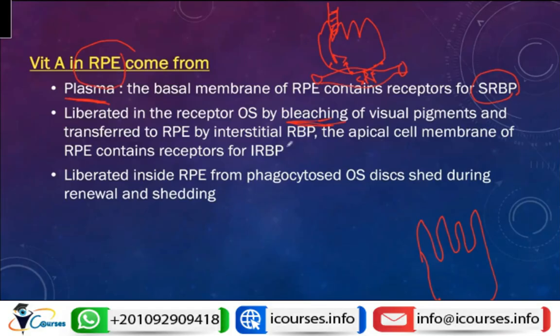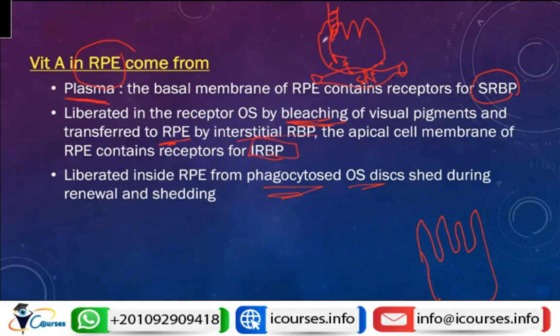Also, it will be liberated inside the RPE during phagocytosis of the outer segment discs shed during renewal, and also liberated from the receptor outer segment by bleaching of the visual pigment, and transferred to the retinal pigment epithelium by interstitial retinoid binding protein. You see there is a potential space between the outer segments of the photoreceptors and the RPE cells themselves, so if there is any liberated vitamin A in this interstitial space, it will be transferred into the retinal pigment epithelial cells using an interstitial retinoid binding protein.